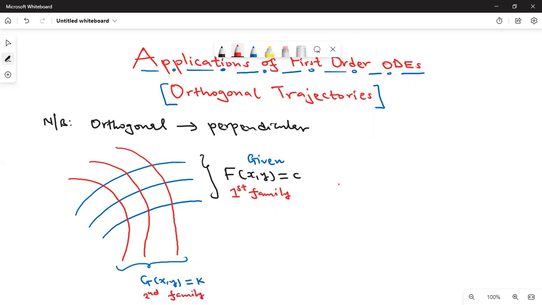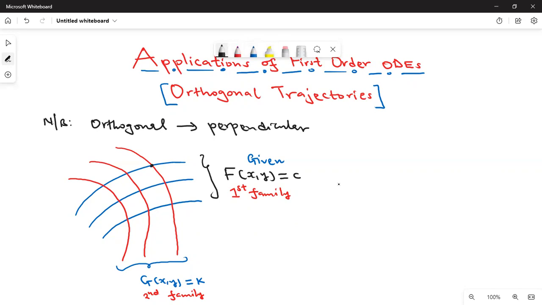And the idea between these two families is that each curve in the first family intersects with every curve in the second family at 90 degrees. So, let's say we have taken these points.